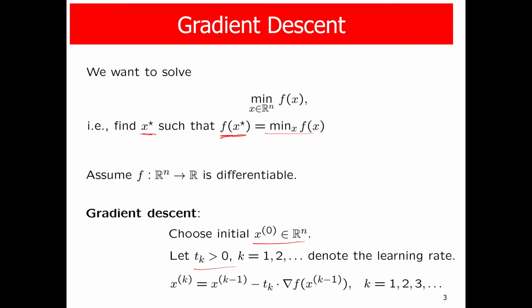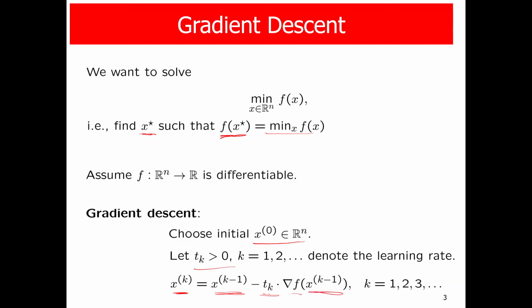At iteration k, the next point xk equals xk minus 1, the point in the previous iteration, minus the learning rate tk times the gradient of function f at the point xk minus 1.